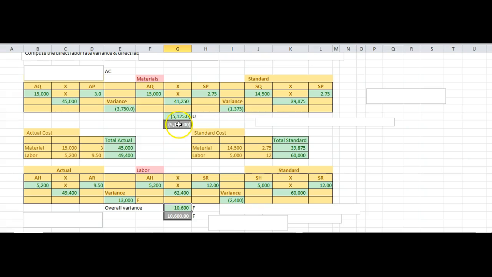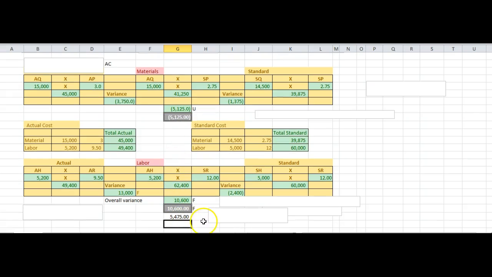Now, if I compare these two for this particular product and these expenses, I still come out on top, because if you net the labor and the materials, you'll find out you have still a favorable variance overall for the entire product of $5,400.75.